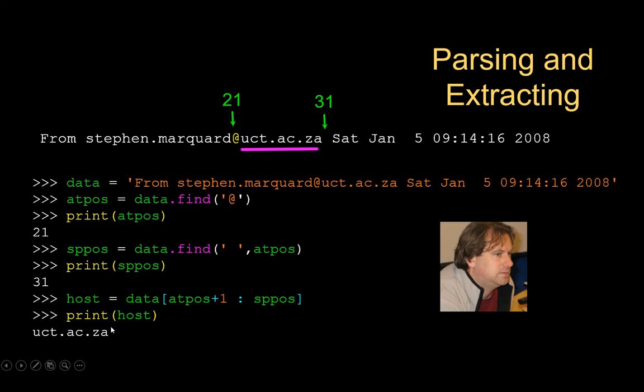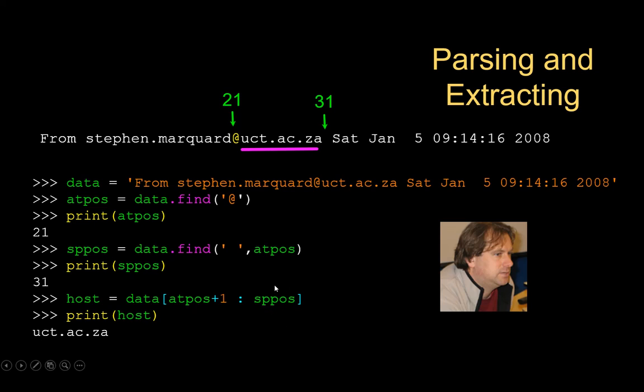And here we're going to extract a piece of it. We use the square brackets with the colon. We start at the position of the @ sign plus 1, which is 22, up to position 31. As you remember, it does not include 31. It includes whatever we have from the start, but not the end.